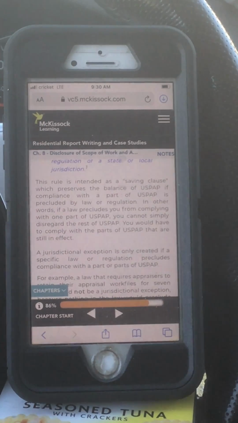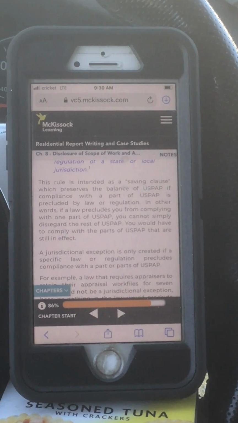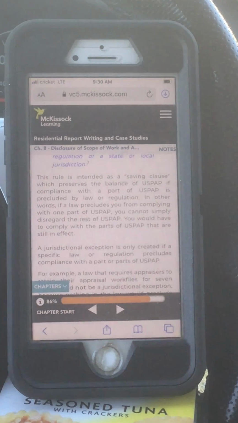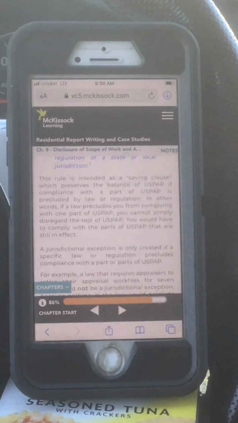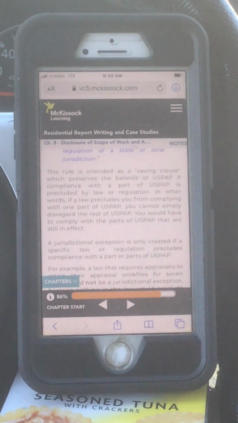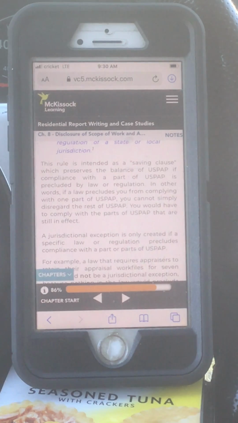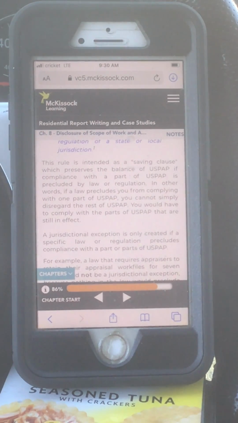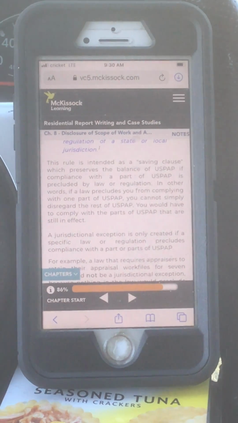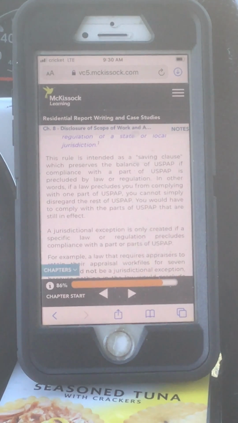In other words, if a law precludes you from complying with one part of USPAP, you cannot simply disregard the rest of USPAP. You would have to comply with the parts of USPAP that are still in effect. A jurisdictional exemption is only created if a specific law or regulation precludes compliance with a part or parts of USPAP.